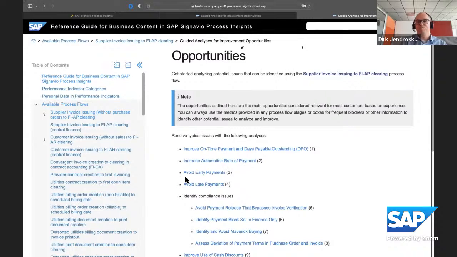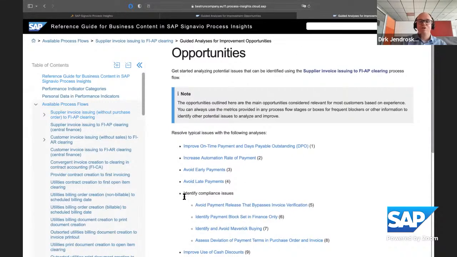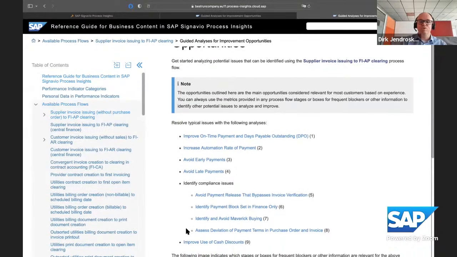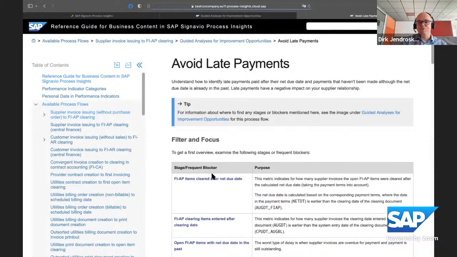You have ideas on how to avoid early payments, late payments, identifying compliance issues, and improve use of cash discounts. Well, we are now very interested in avoiding late payments because that's the focus of Timo right now. Let's click into this one.